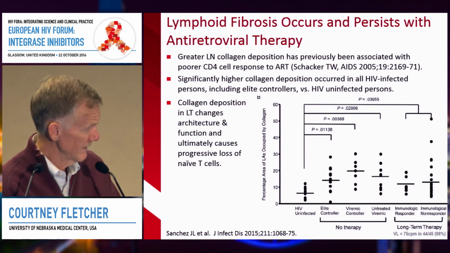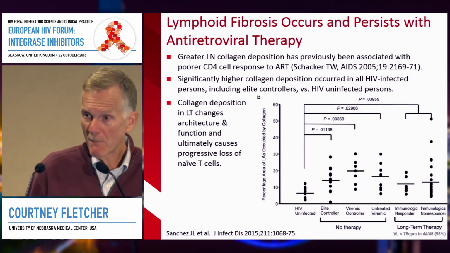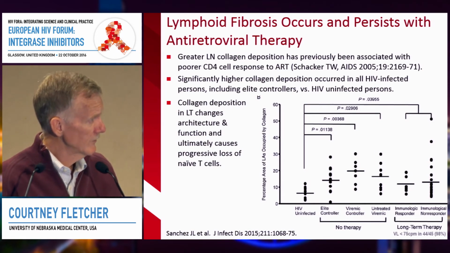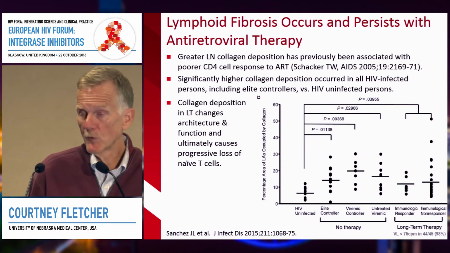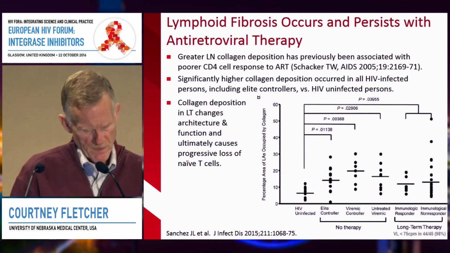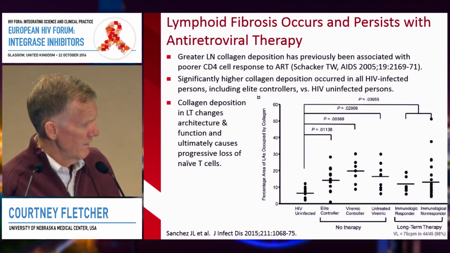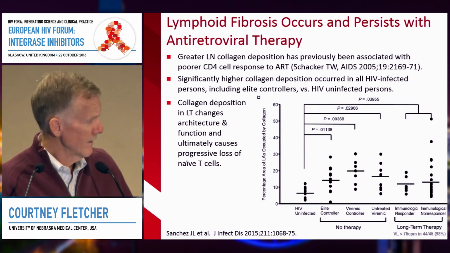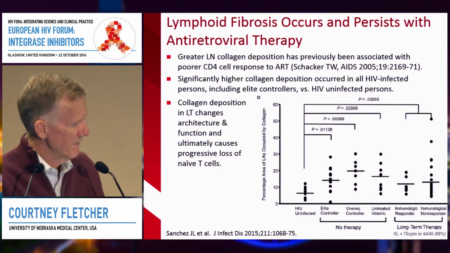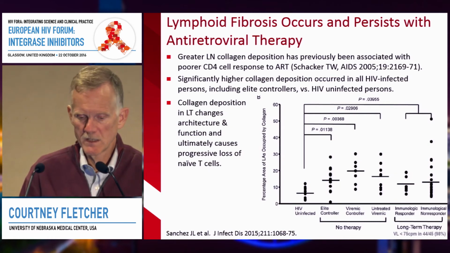And the final thing is just maybe a bit about pathophysiology. Tim Schacker's group at the University of Minnesota has long studied lymph node fibrosis and collagen deposition. This is just a figure from one of Tim's more recent works, looking now across HIV-infected persons, including elite controllers, comparing them with uninfected, and finding changes in the lymph node architecture.